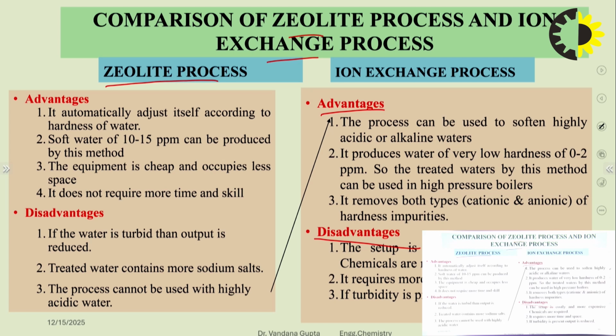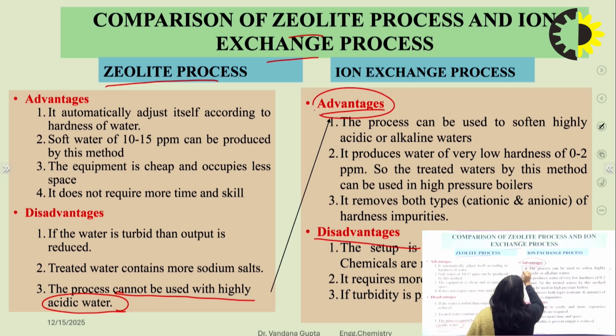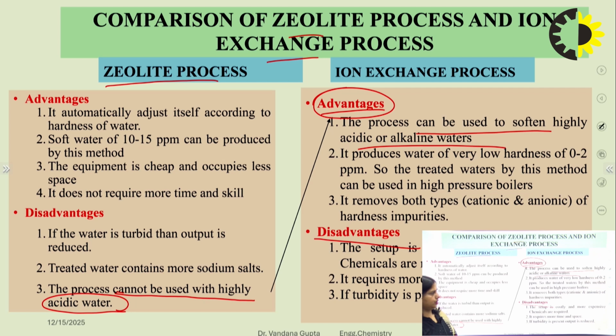Firstly, the disadvantage of the zeolite process is that it cannot be used with highly acidic or alkaline water. This disadvantage is solved in the ion exchange method, because the ion exchange method can be used to soften highly acidic or alkaline water.